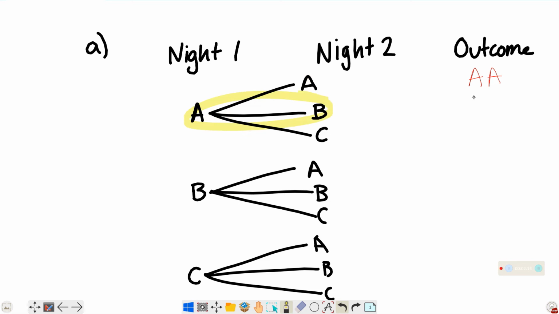AB is one outcome. AC, BA, BB, BC, CA, CB, or CC.